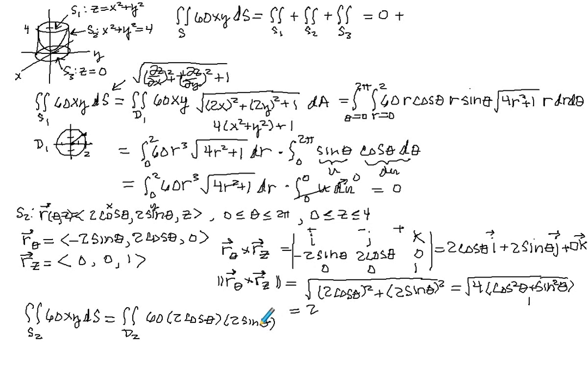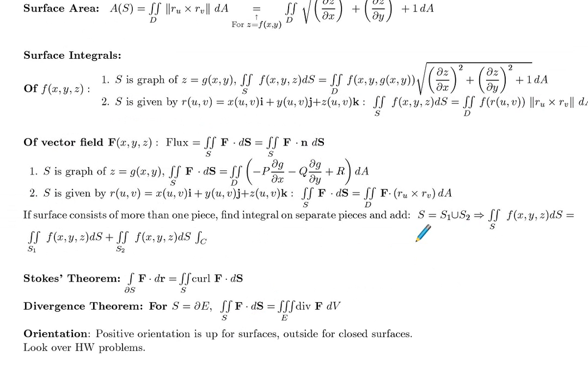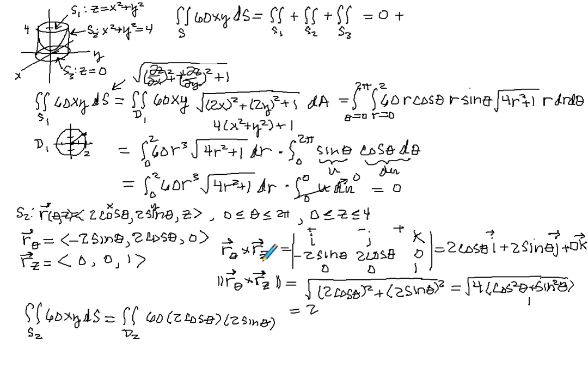Then we multiply by the length of that vector. We have done this part, f of r of (u,v), which for us is theta and z, so we plugged in the parameterization. Now we multiply by the length of r_theta cross r_z, which is just 2, and dA.